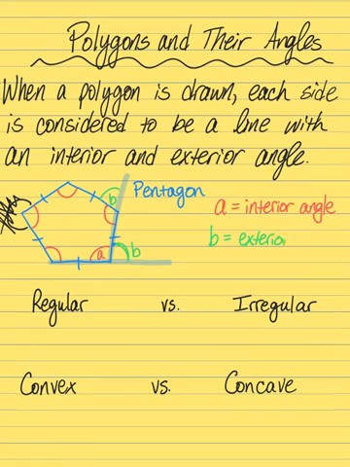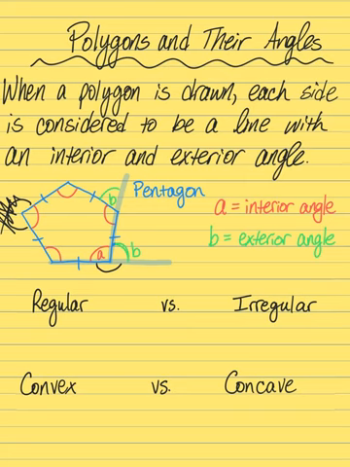And what you will also notice is that because the exterior and interior angles are matched up, together they're going to make 180 degrees because they lie along a straight line. So if you're ever confused about a question, take a look at your exterior and interior angles and put them together. If the number is greater than 180 degrees, then you've done something wrong. Together, they should be 180 degrees.